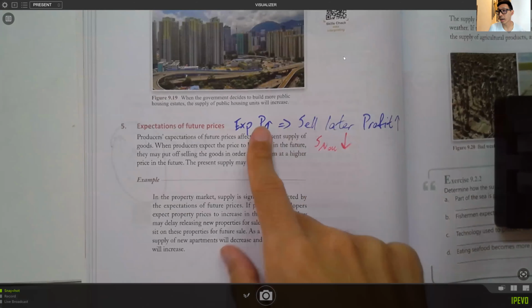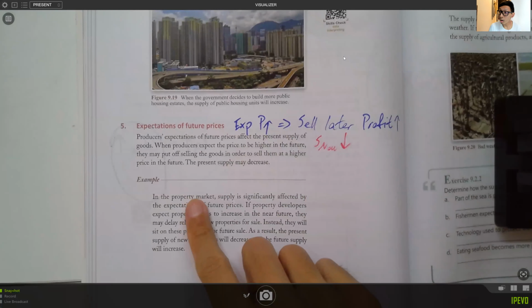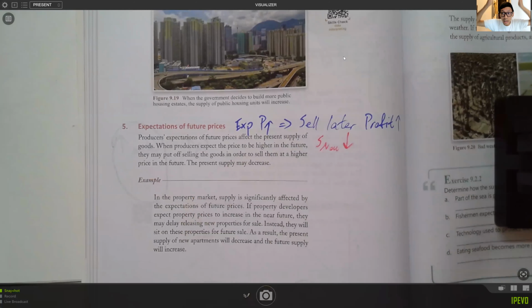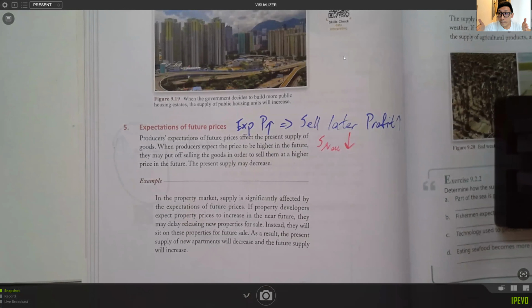OK，又係啦，香港有咩例子啊？Property market 係咪啊？起好晒唔賣啊啲樓。The building, the flats are already built, but the developer do not sell them. 係特登唔賣啊？點解？Because they expect the property price to go up in the future.